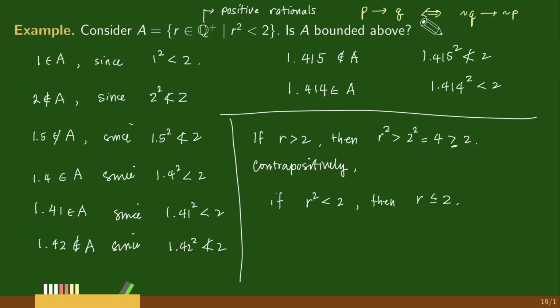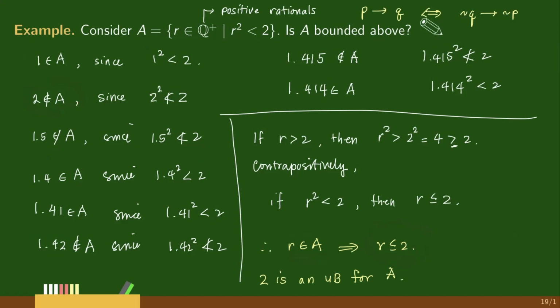So therefore, if R is an element of A, R is less than or equal to 2. In other words, 2 is an upper bound for the set A. Kasi kapag nasa A ka, ikaw ay less than or equal to 2. That's why 2 is an upper bound. But you know, 2 is not an element of A. Although it is an upper bound, it is not an element of A.